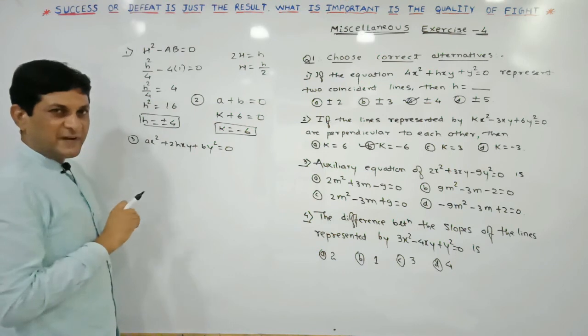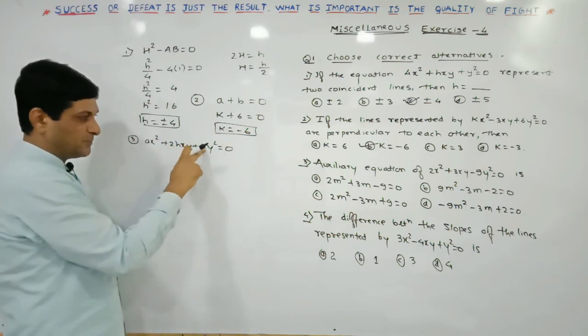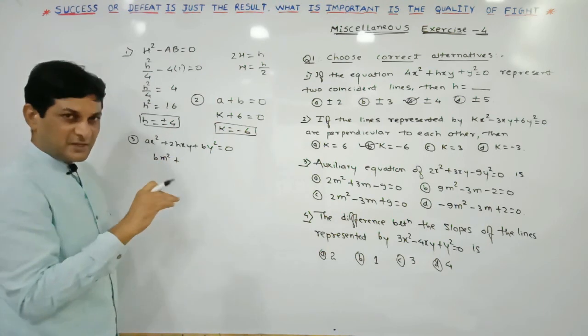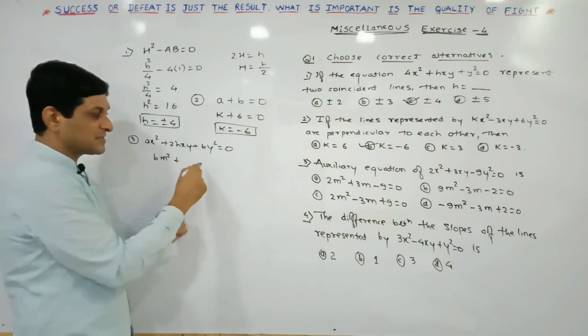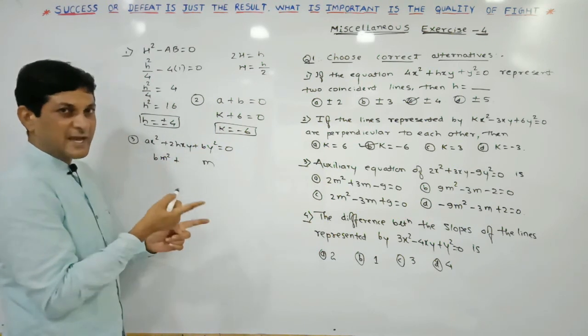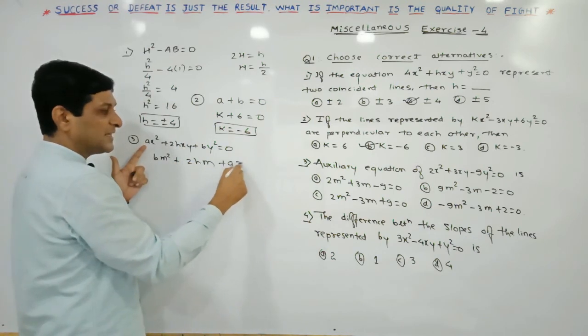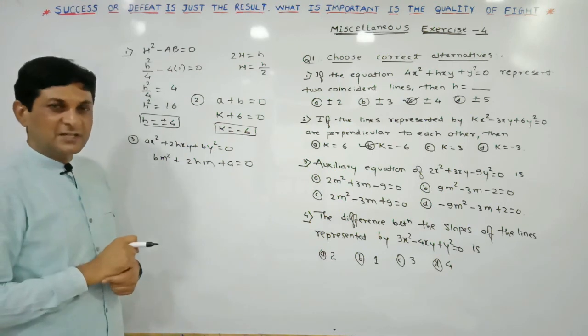Now whenever we are finding its auxiliary equation, we just write the equation from this side. So bm square plus, it is a quadratic equation in terms of m, and what is the coefficient of m square? b. The next term will be of m, its coefficient is 2h, and lastly what? The constant term is a. So the auxiliary equation is nothing but what? A quadratic equation in terms of m.